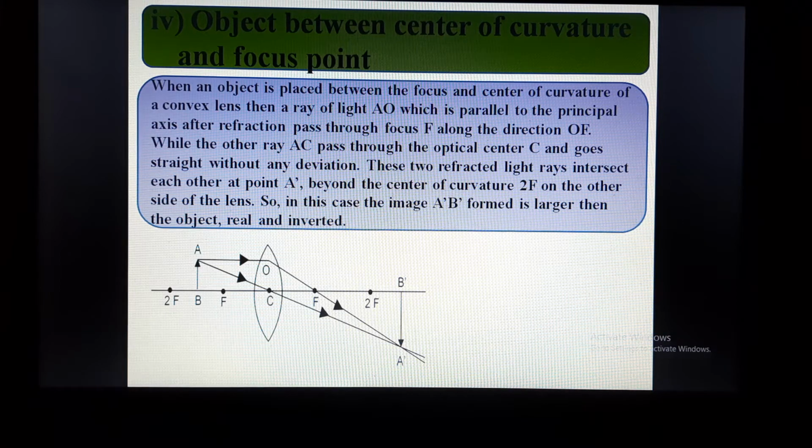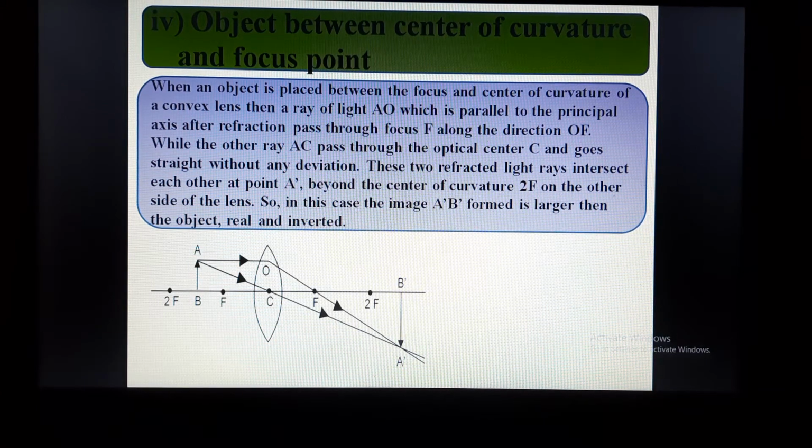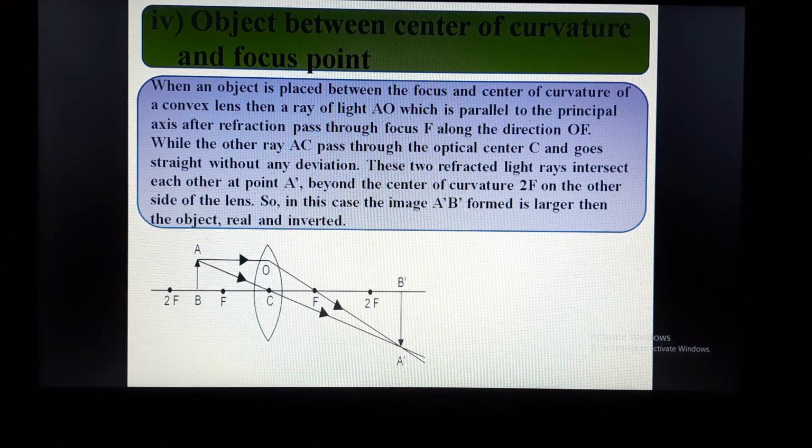These two refracted light rays intersect each other at point A prime beyond the center of curvature 2F on the other side of the lens. In this case the image is A prime B prime.